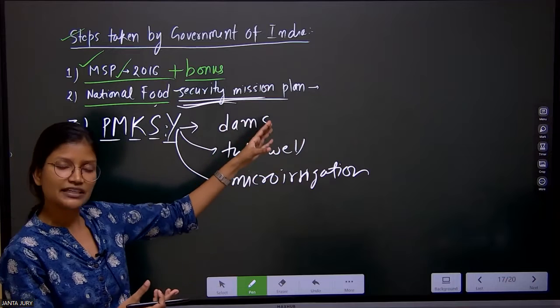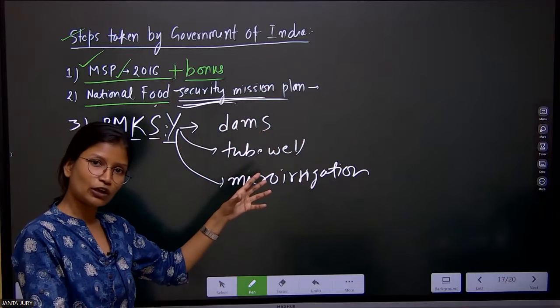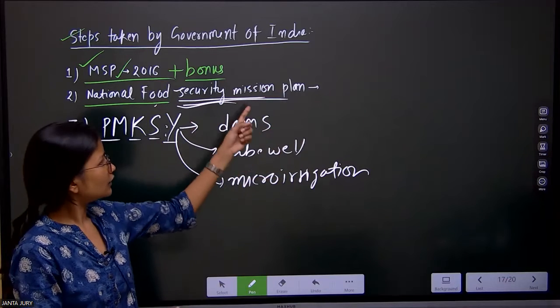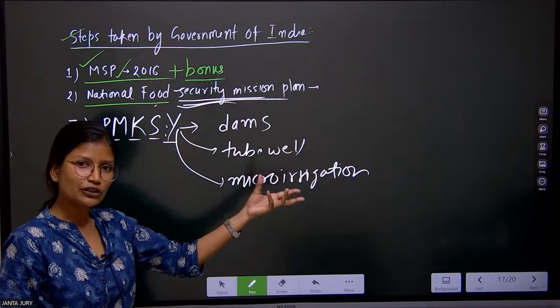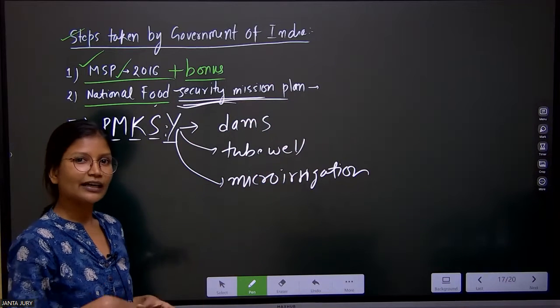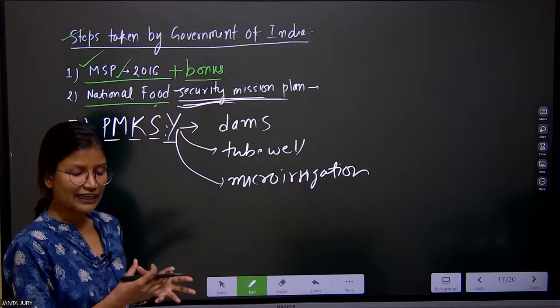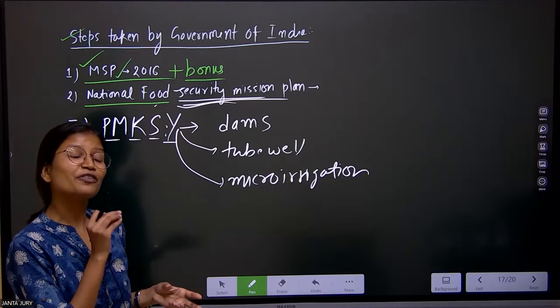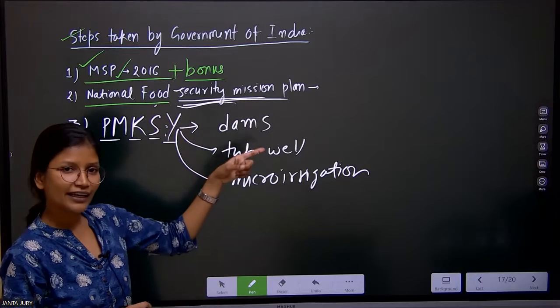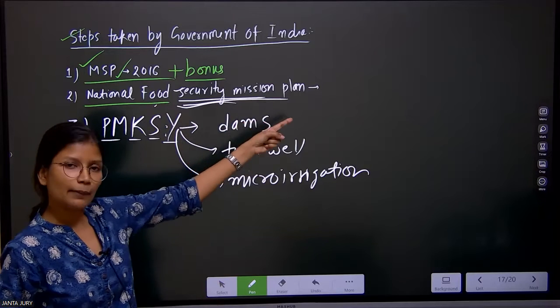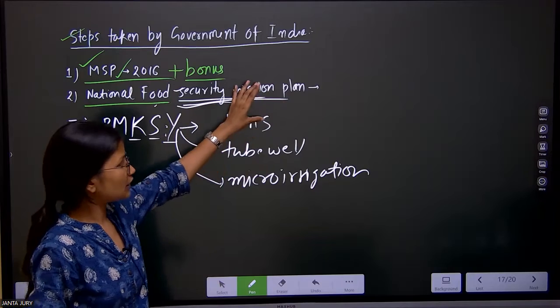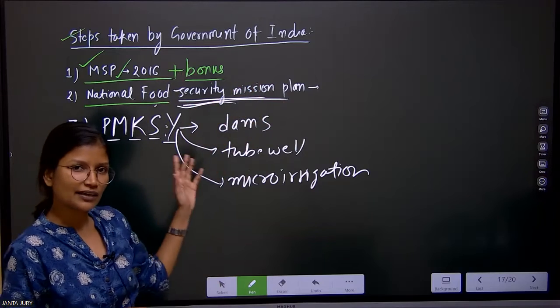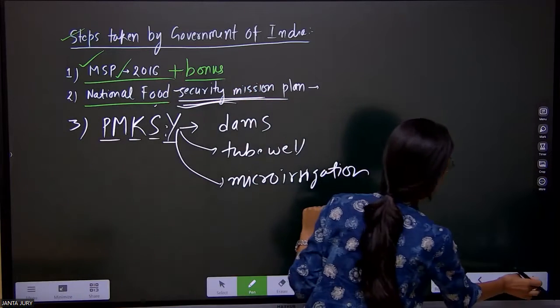Some kind of incentives are provided, different kinds of technology are shown to them, and farmers are given new seeds, fertilizers and pesticides to try, which will help increase the yield. This has been discussed earlier, so I'm not dwelling deep into it.